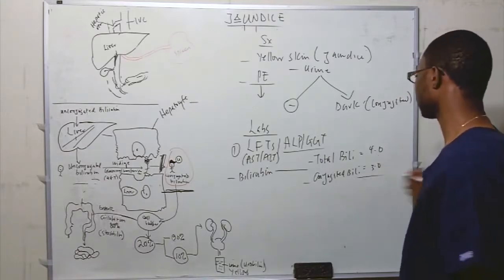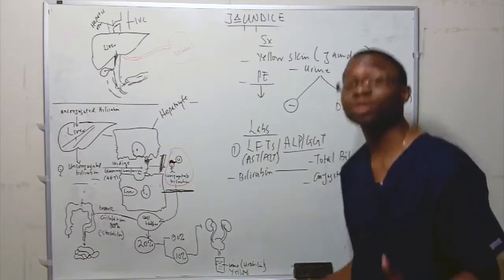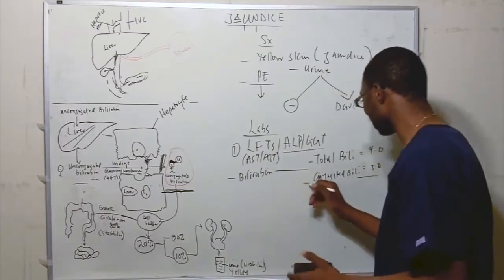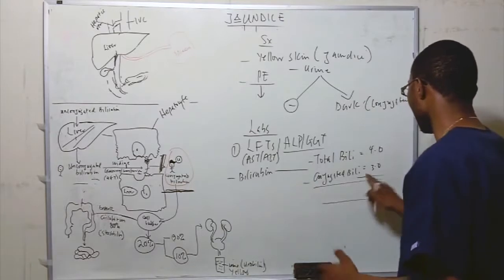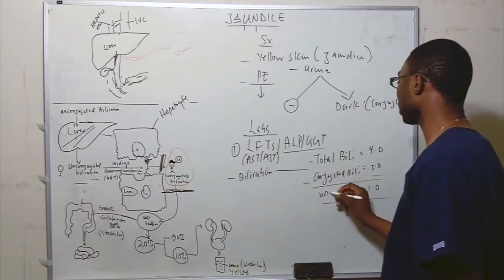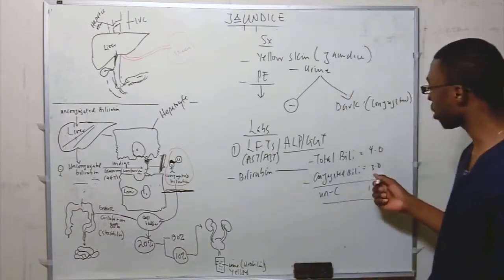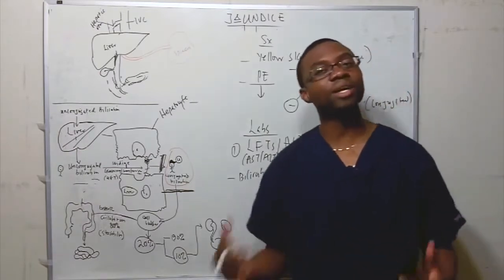They don't tell you what the unconjugated is, so you subtract: 4 minus 3 is 1. Therefore, the unconjugated bilirubin is going to be 1. So automatically, you know it's the conjugated bilirubin that's very high.